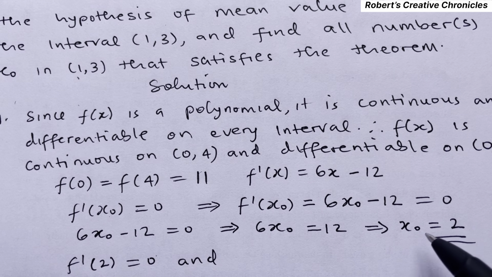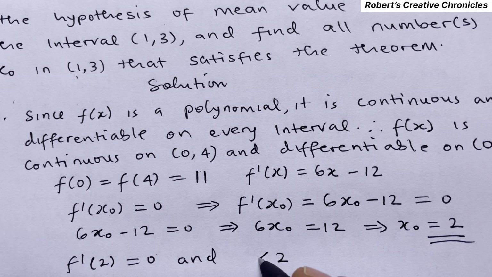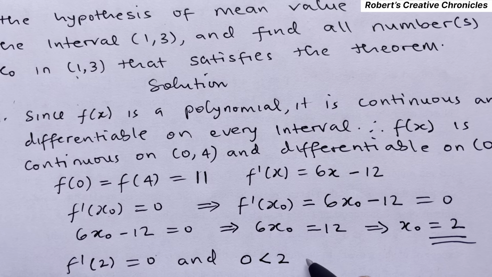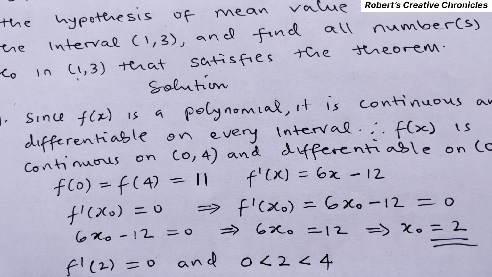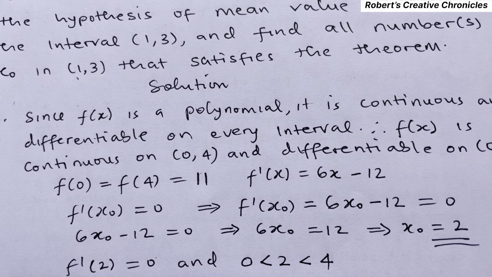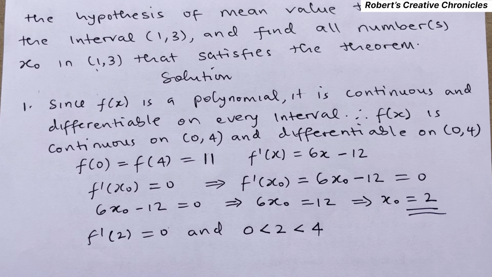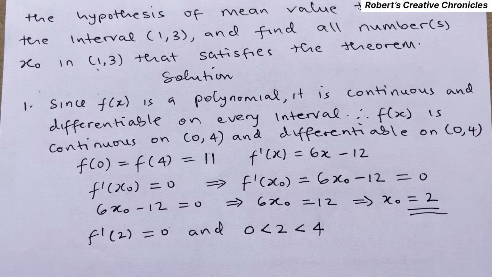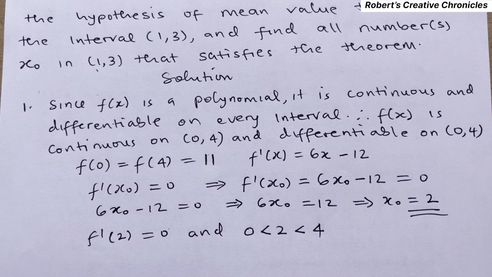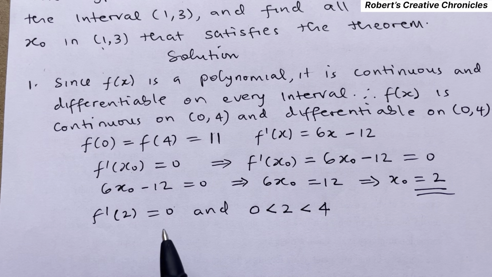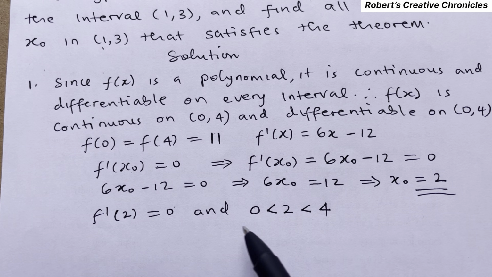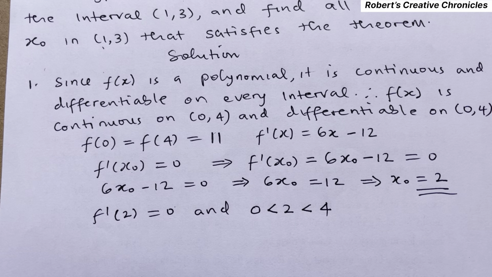So our x0 is 2, greater than 0, which is x1, and less than 4, which is x2, from the interval given. So hence we can say that this has satisfied all the conditions given in Rolle's theorem.